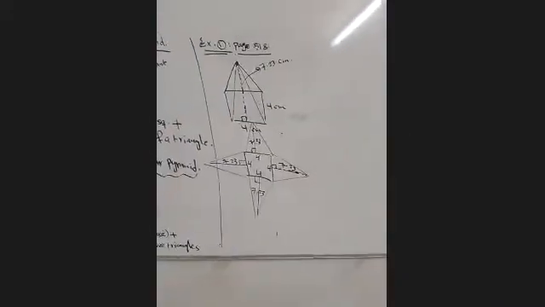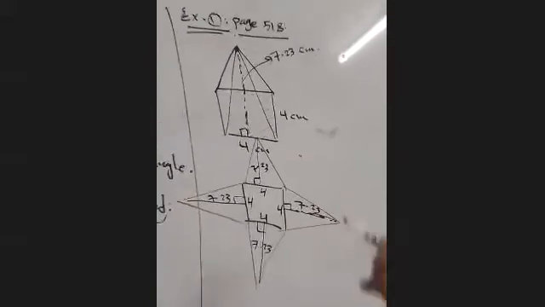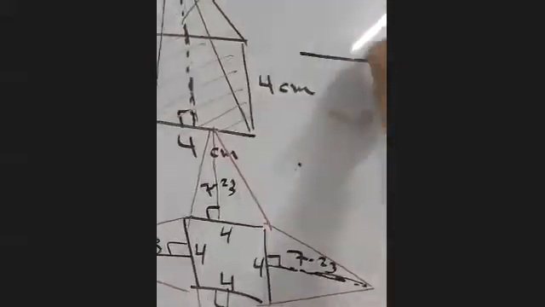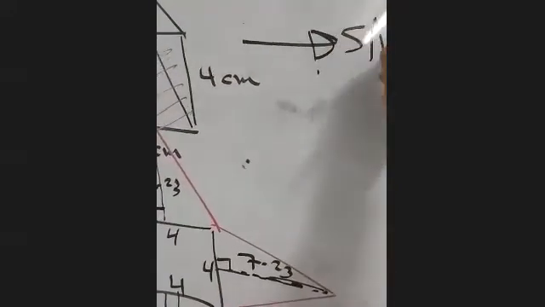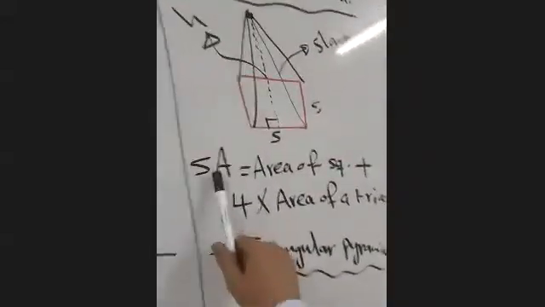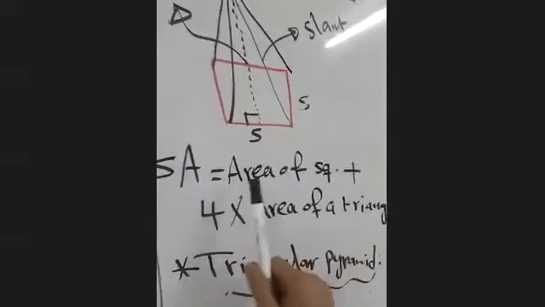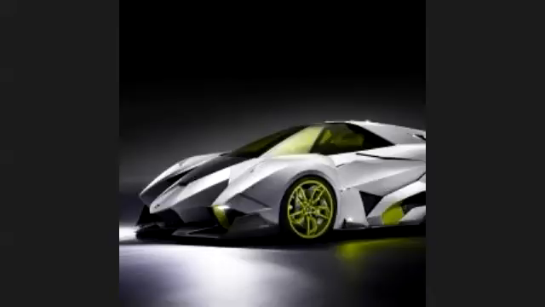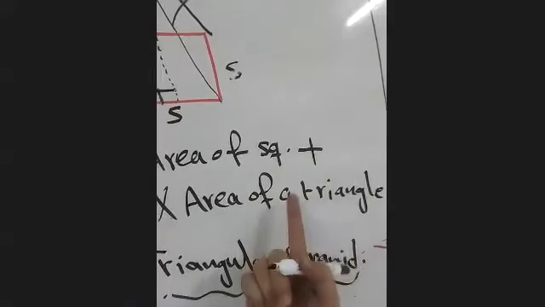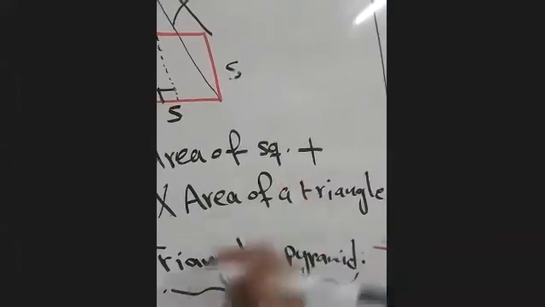Now let's find its surface area here beside it. The question wants only the net, but I want to find the surface area. Rayyan, are you with me? Yes. We said here, the surface area of the square pyramid is the area of the square, which is in the base, plus 4 multiplied by the area of a triangle, meaning one triangle.